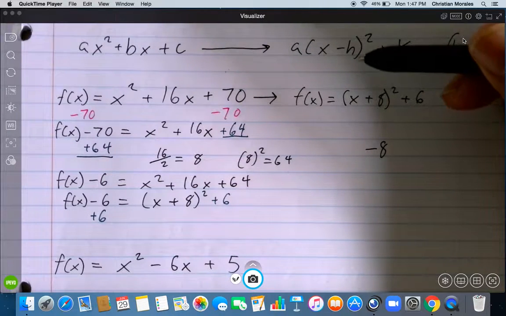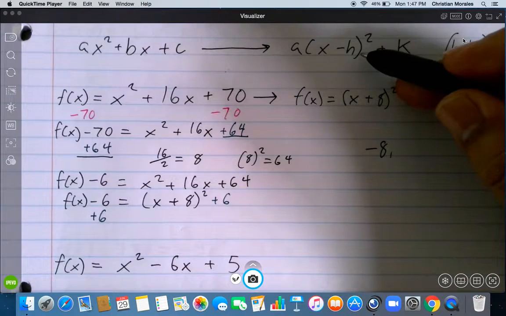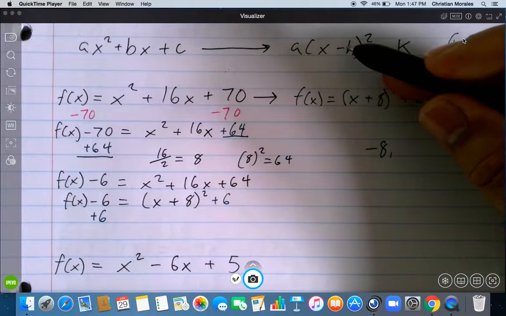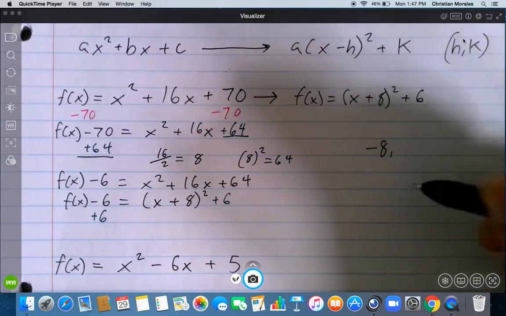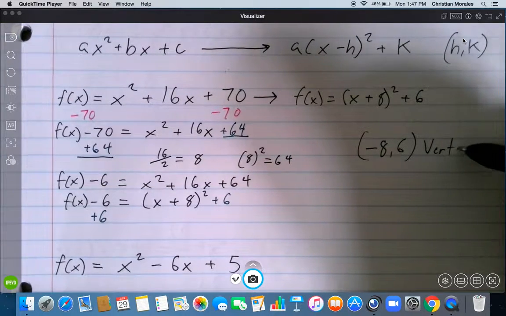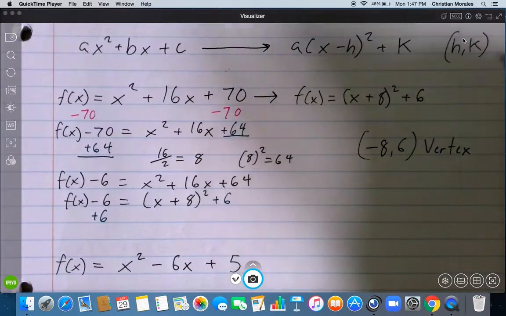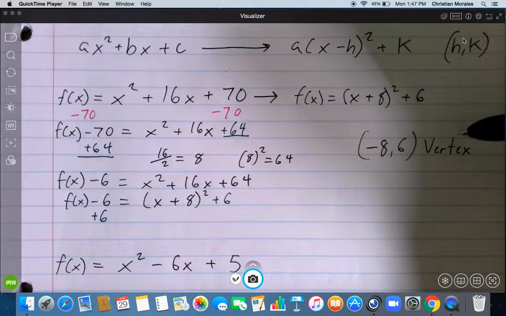The only way is by plugging in another negative. So when you plug in a negative 8 in here, negative negative makes it positive. The 6 is just 6. That's my vertex. And those are my two answers. There's the vertex form of the quadratic equation, and there's the actual vertex.